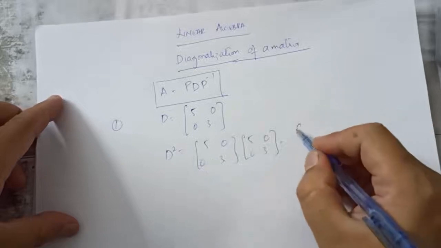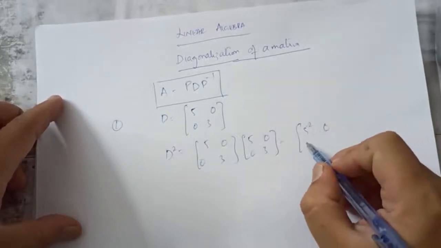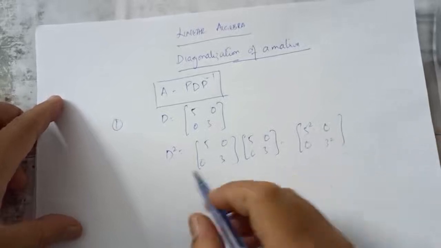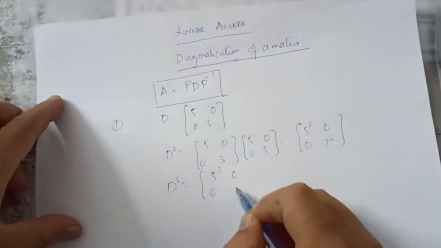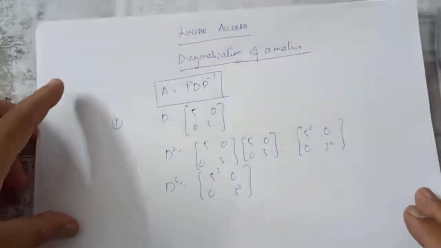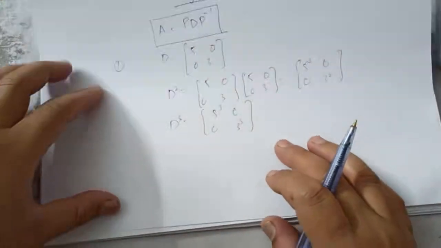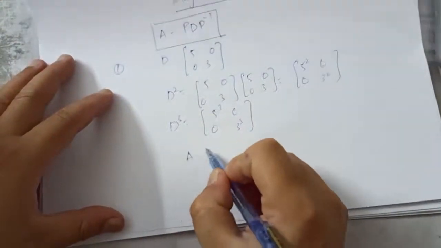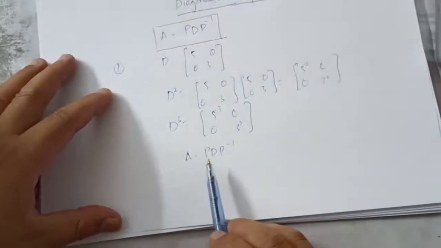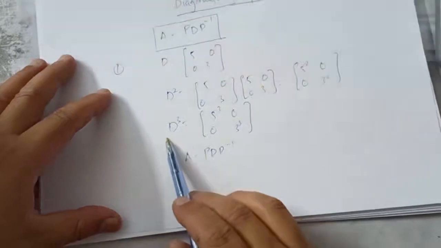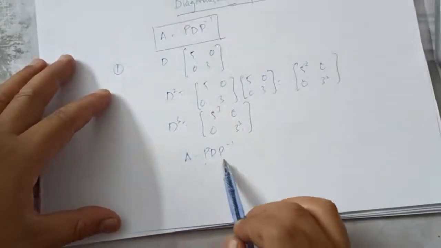You can easily see that this is 5 square 0 0 3 square, and similarly D cube will be 5 cube 0 0 3 cube. Now if this diagonal matrix is similar to A, it means that A equals PDP inverse. We can say that finding the power of A is also very similar once we know the P's.